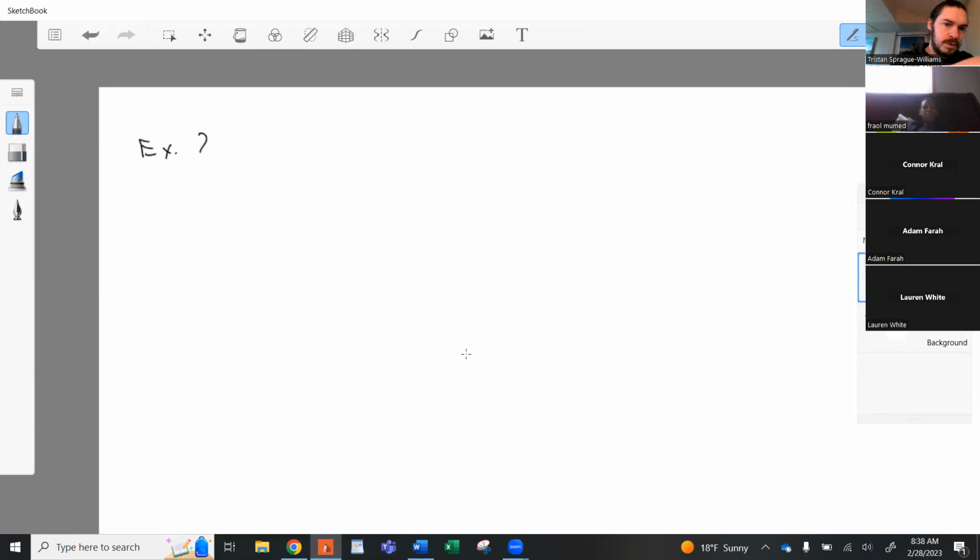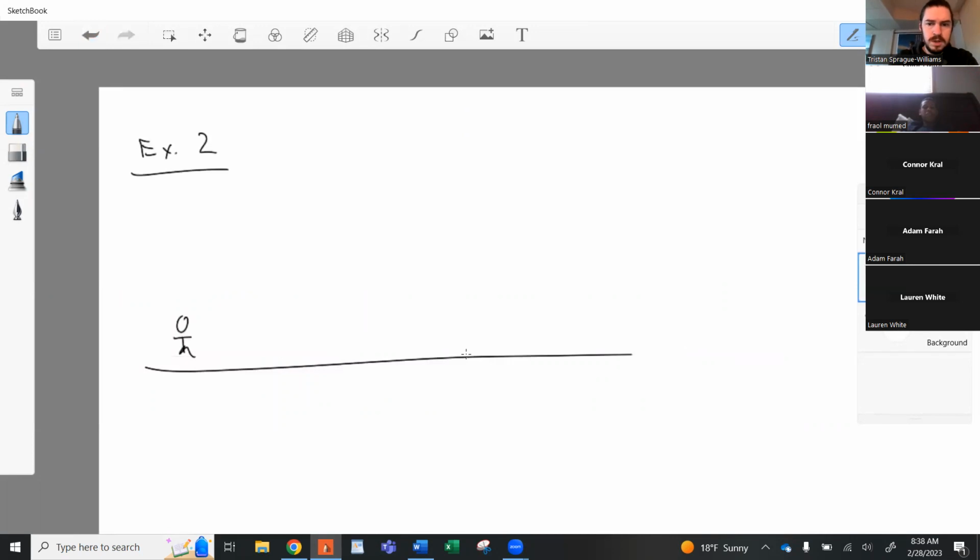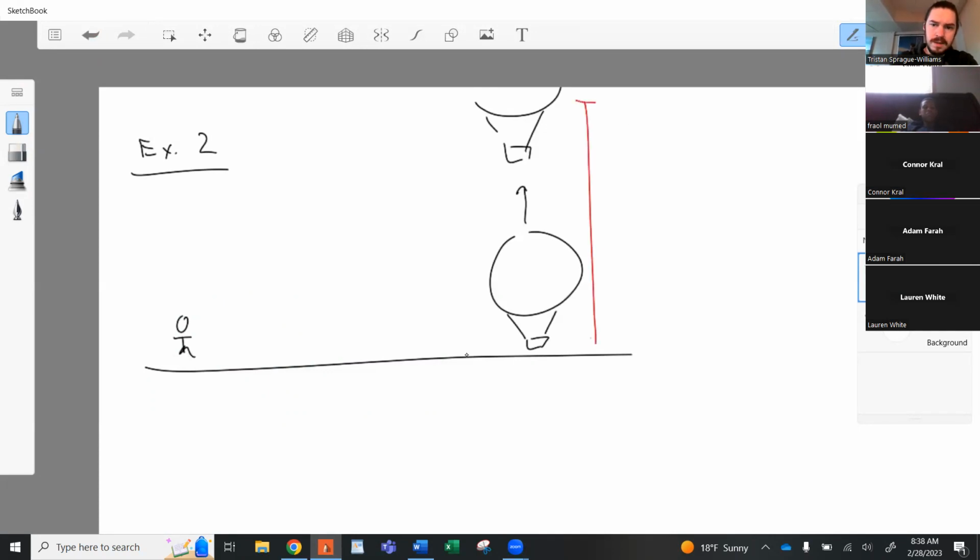Here we are, standing on the ground, and we are going to watch a balloon launch. So here's the balloon, and it goes up, and here it is a little higher, and here's the height of that balloon in the air.